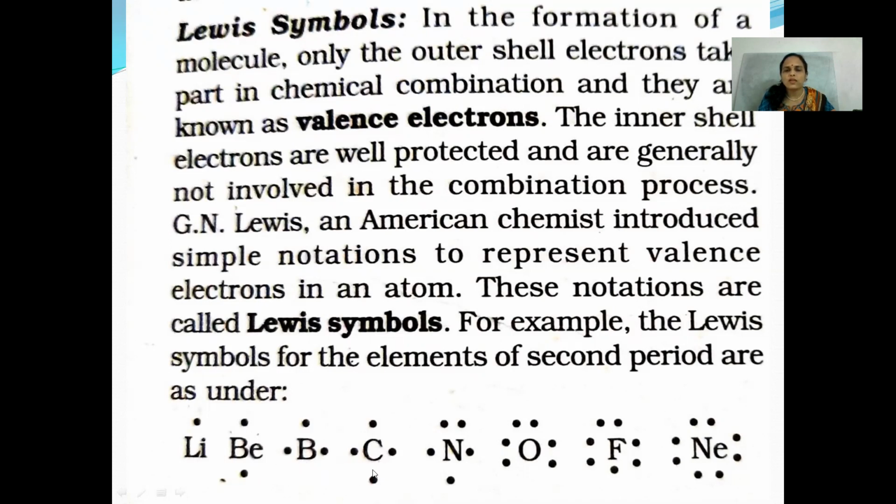Carbon, four dots. Nitrogen, five dots. Oxygen, six valence electrons are shown. Fluorine, 7, and neon, 8 valence electrons are shown in the form of dots. And neon attains the noble gas configuration, and it has completed its octet.